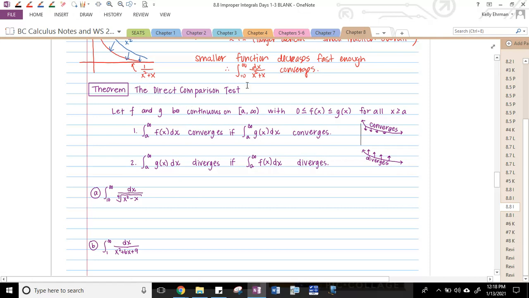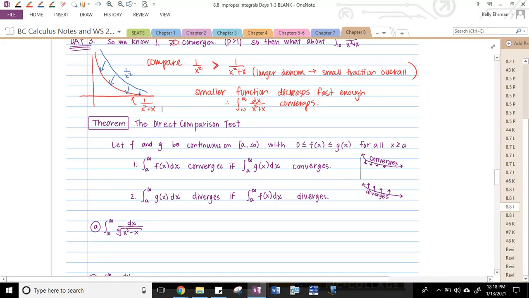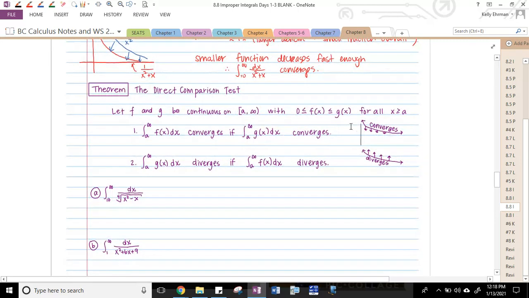So let's let f and g be continuous on the interval a to infinity, and both of them are greater than 0, so we don't have anything dipping into the negatives here. And g of x is bigger than f of x. Okay, so the integral from a to infinity of f of x dx converges if the integral of g of x dx converges. So what does that mean?